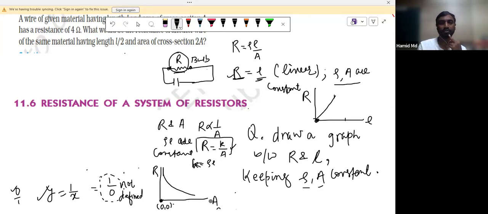As the area of cross section increases, resistance will decrease. Clear? So you may draw these two graphs. Faz and Suresh, if it's clear to you, then good. Otherwise, you may ask. So, can you please repeat?